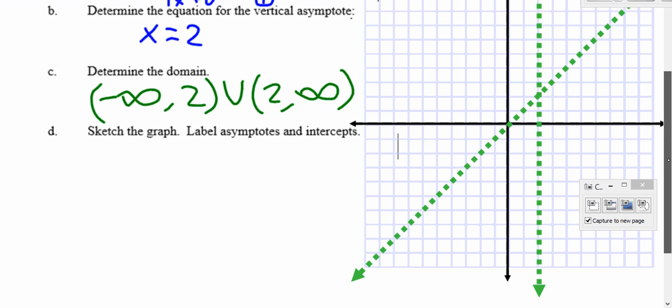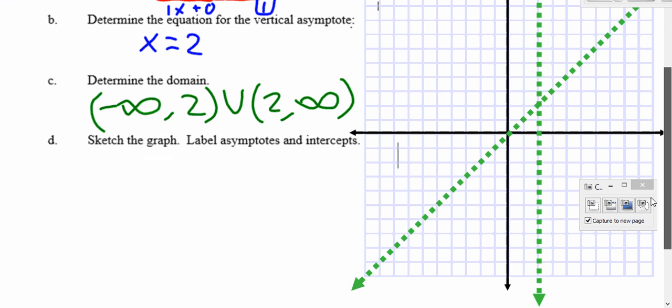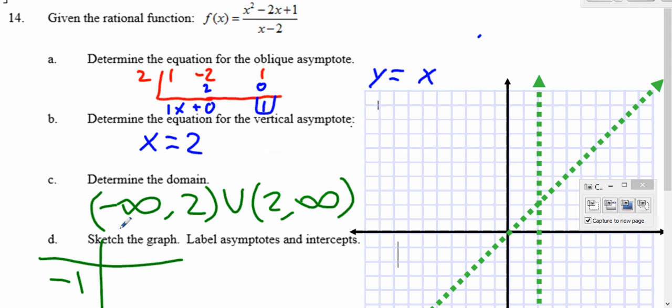So to sketch the rest of the graph, you just need to plug in some numbers like we can plug in negative 1, we can plug in 0, we can plug in 1. You plug those values in. That's 1 plus 2 plus 1, 4.